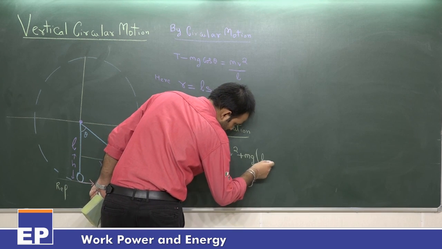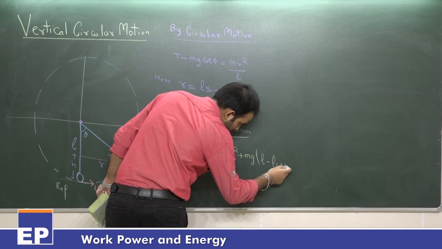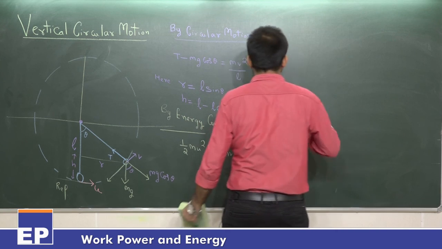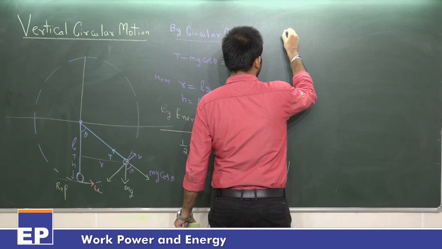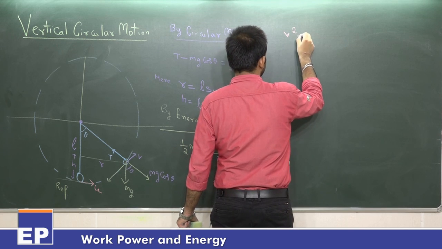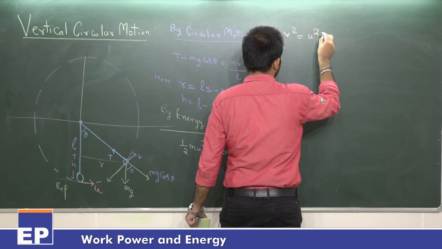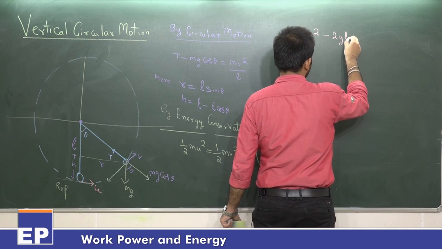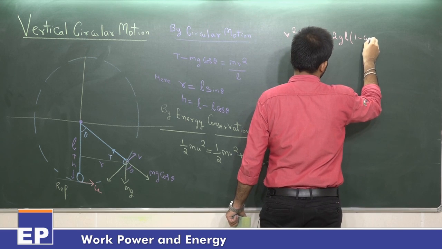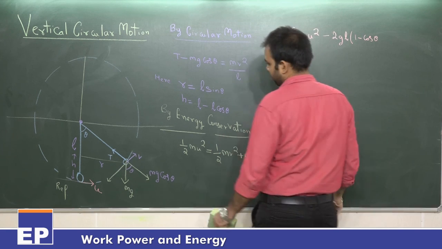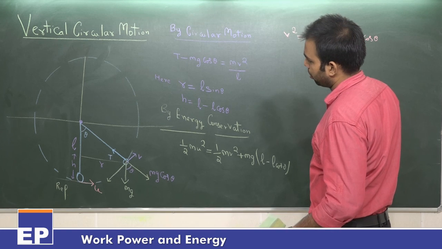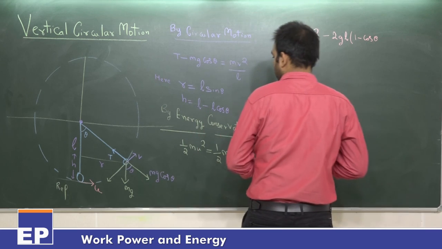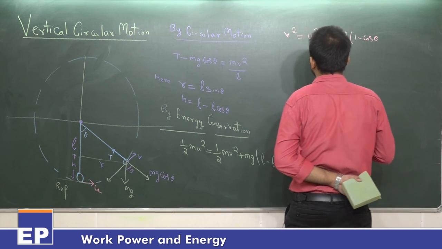H is L minus L cos theta. From there you are getting v square is u square minus 2gL into 1 minus cos theta, right? This is the equation.